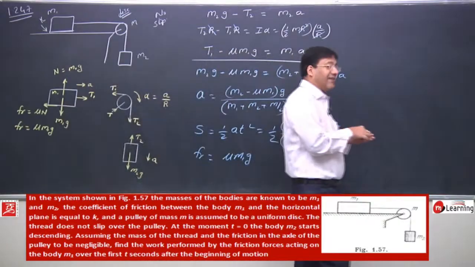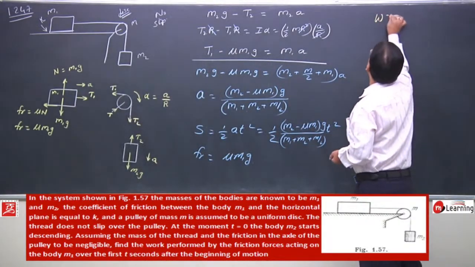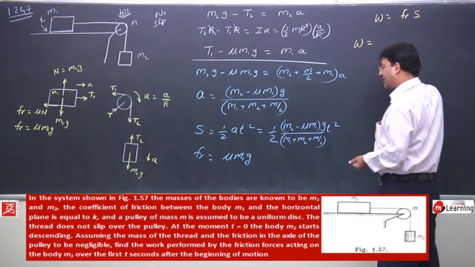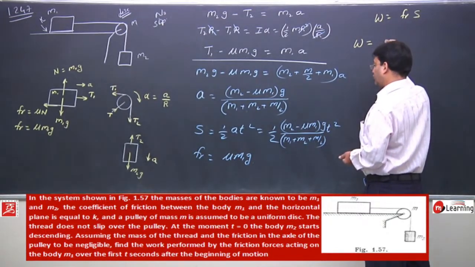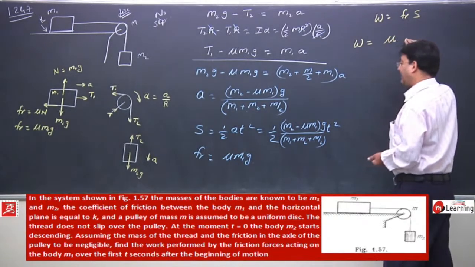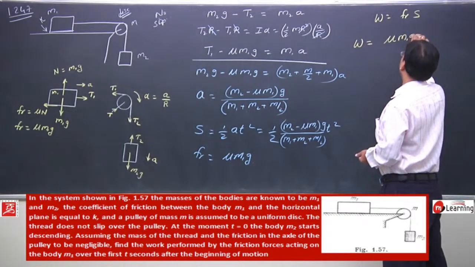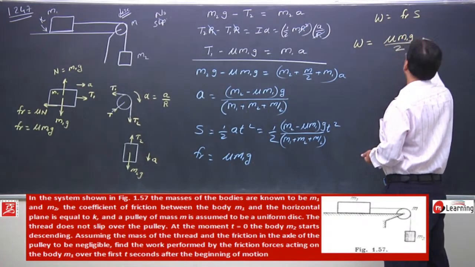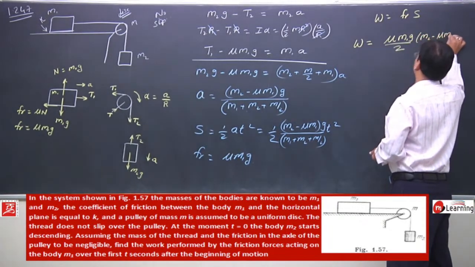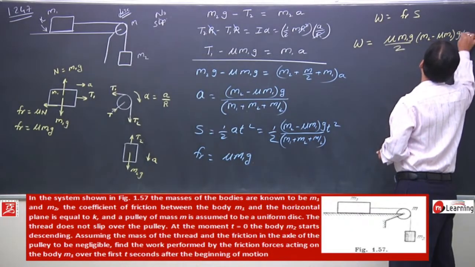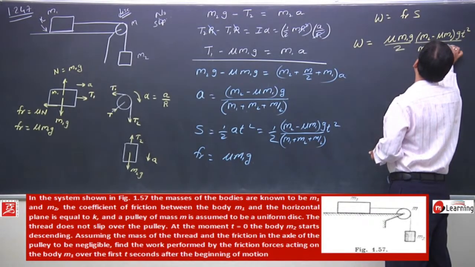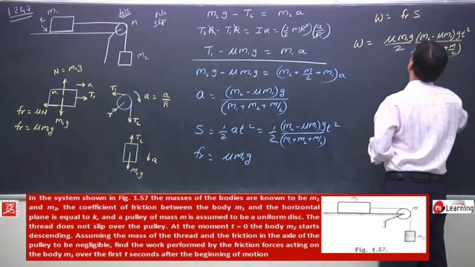Now, in order to write the final answer, work done by frictional force is Fr into displacement. Work done by frictional force is mu m1 g by 2 into m2 minus mu m1 into g t square by m1 plus m2 plus m by 2.